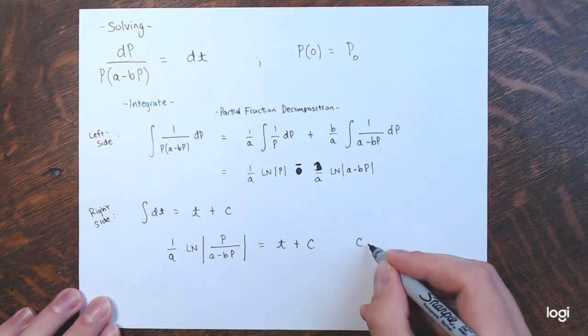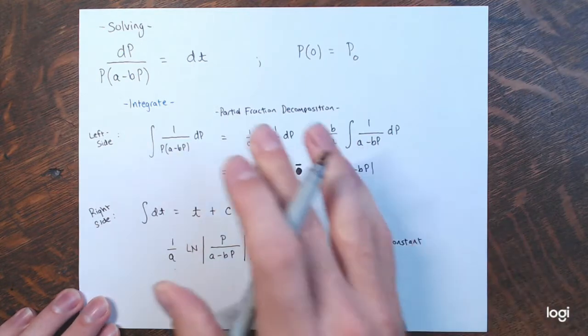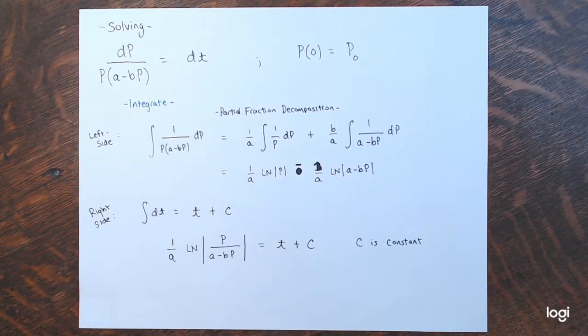Again, c is constant here. And again, bear with me. There are going to be a lot of letters involved here. But once I get the general solution with all the letters, then I could look at any equation that's of the logistic nature, and just plug in some numbers. I can skip right to the solution without having to go through all this again.